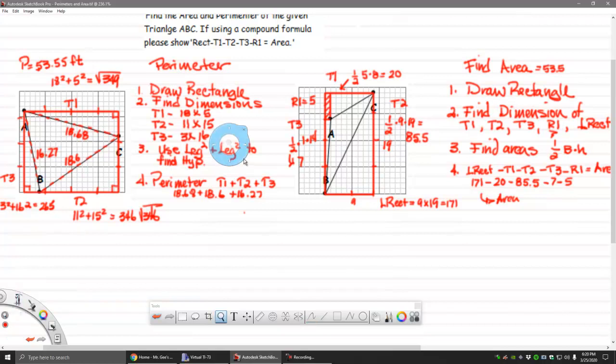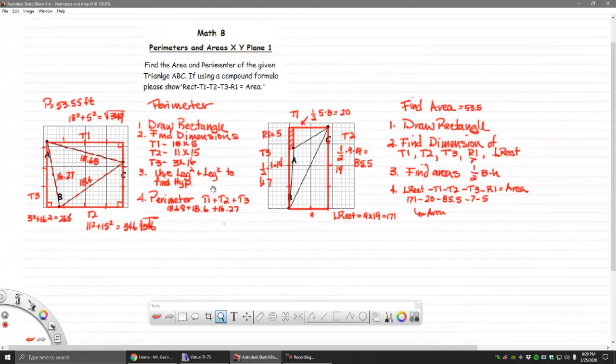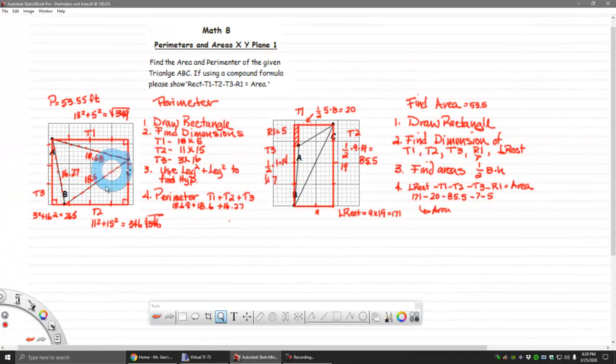So that's how you find the area of geometric figures in a coordinate plane. Sometimes if you have a diagonal, you want to find the perimeter, use the Pythagorean theorem. If you're finding an area, you just do whatever you have to do. Sometimes you'll have to draw a rectangle, whatever it may be, and then subtract the areas from the larger area, like on a composite figure.